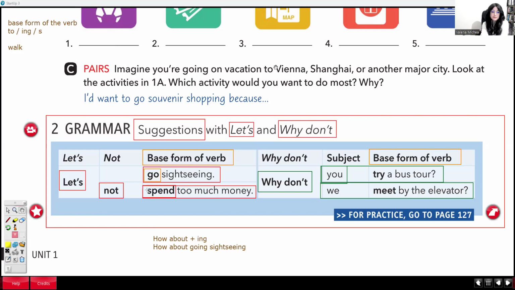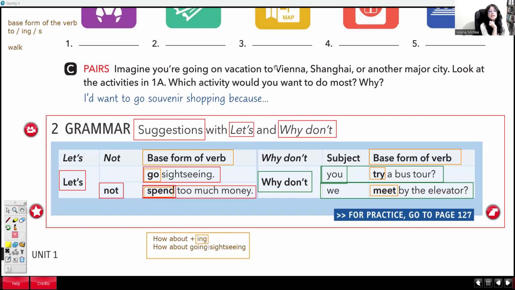Go, base form. Spend, base form. Try, base form again, and meet, base form again. So that makes it easier. That's the only difference that you are going to find between how about and these other two. When you use how about, you mandatorily need to use ing.